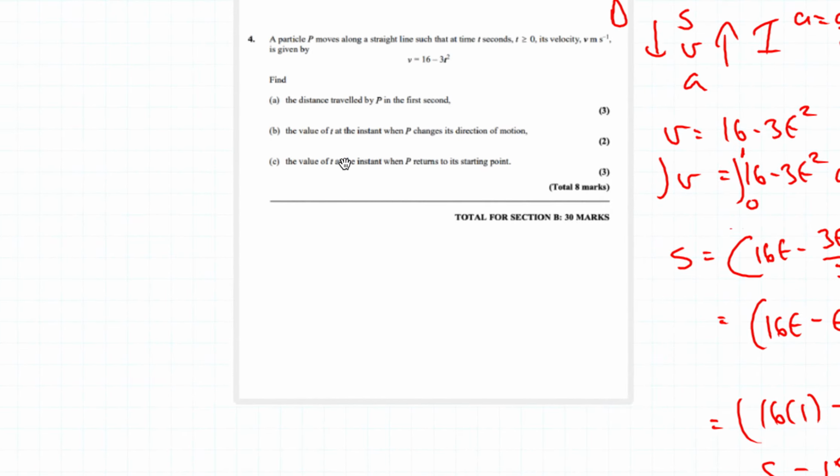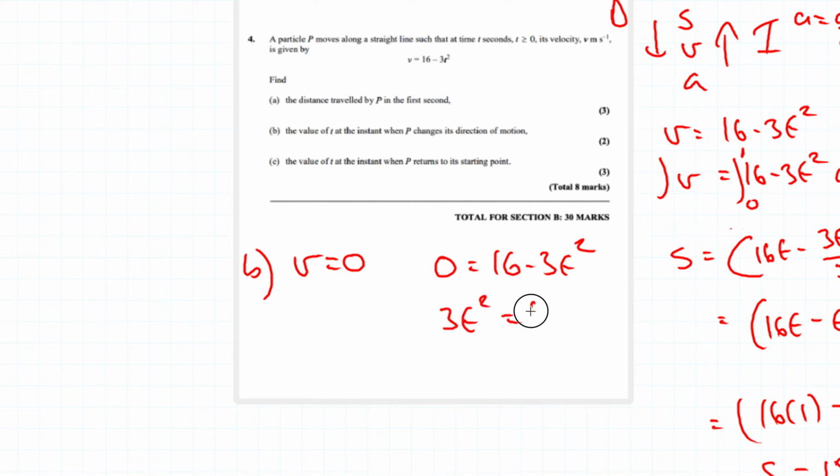The next part we have is the value of t at the instant when P changes its direction of motion. If it changes its direction of motion, that means v is equal to 0, because it's stopping and then going backwards. So when v equals 0, 0 is equal to 16 minus 3t squared. From here we can just rearrange and solve.